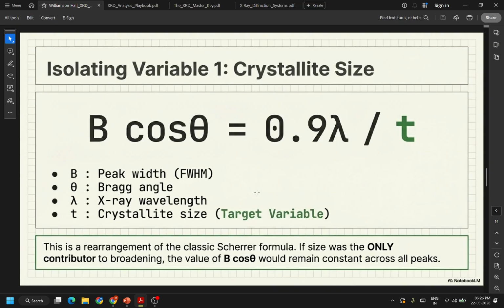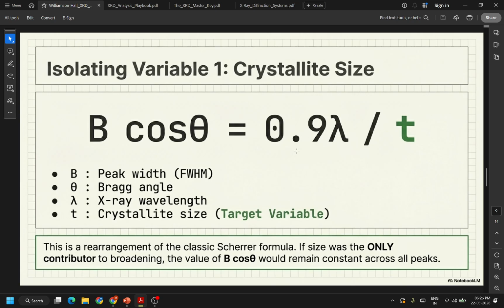And on the right-hand side, lambda you know, T is something you don't know. But let's say size was the only contributor to broadening, that means T will be the same for every peak, and you don't have any other broadening effect, only your size broadening is there.